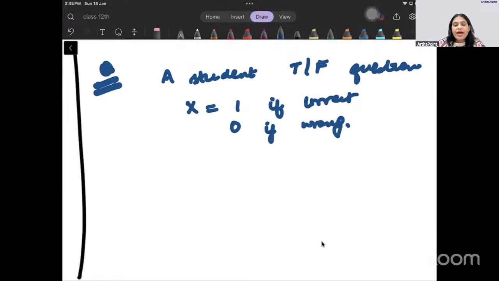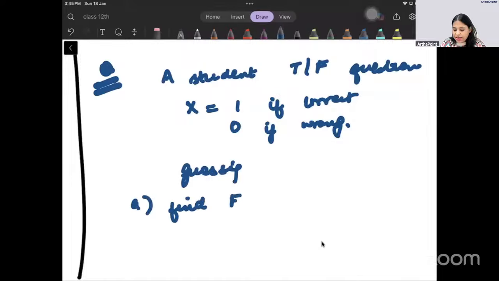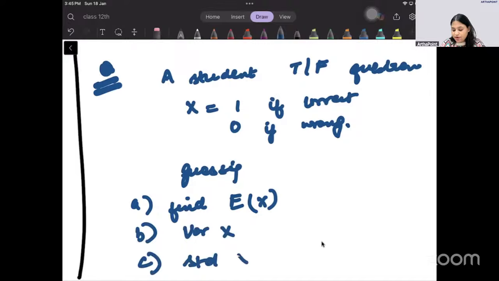Right? And he is doing it by guessing. माने guesswork में correct or wrong का probability half होता है ना? So they have not mentioned the probability, they have said that he is guessing. Find expected value of X, find variance of X, find standard deviation of X. Give it a try.